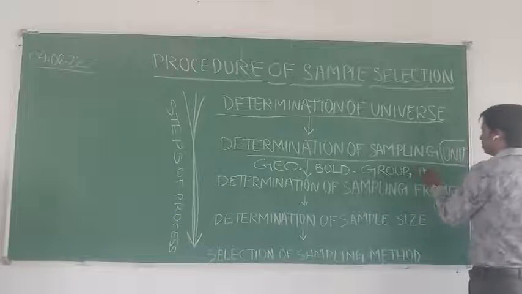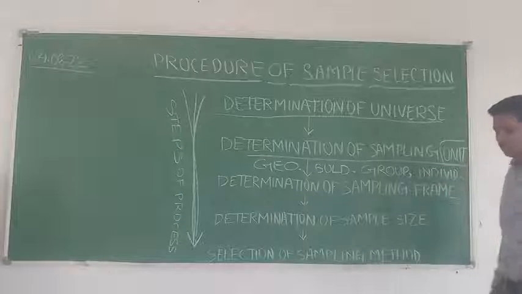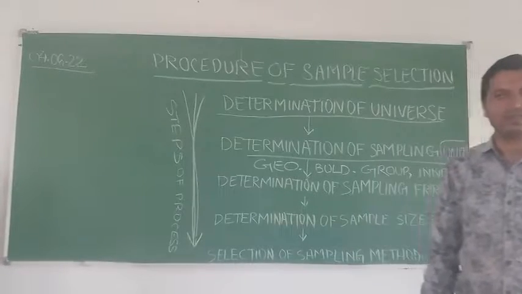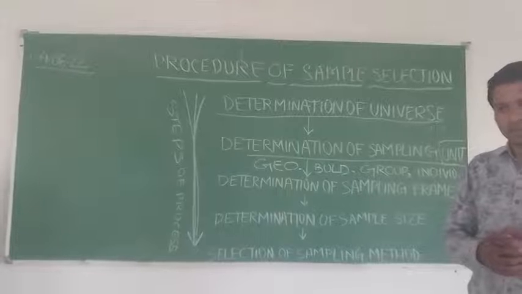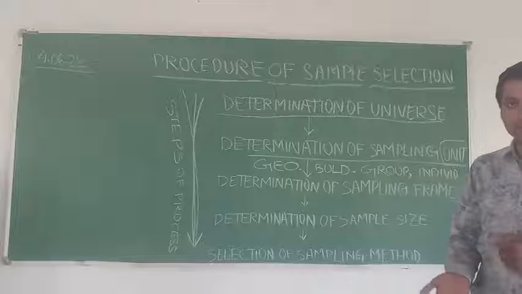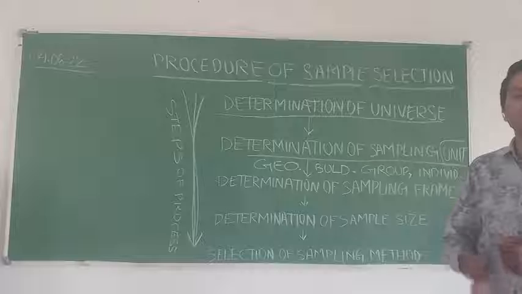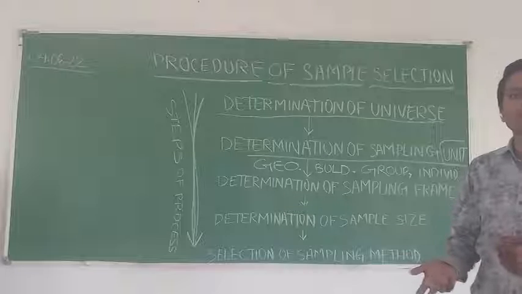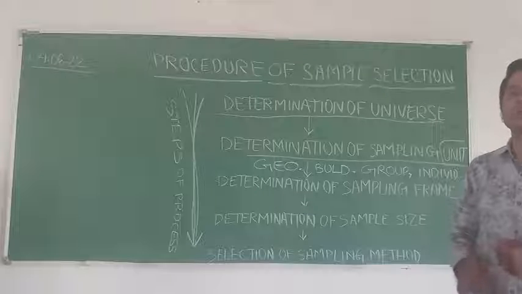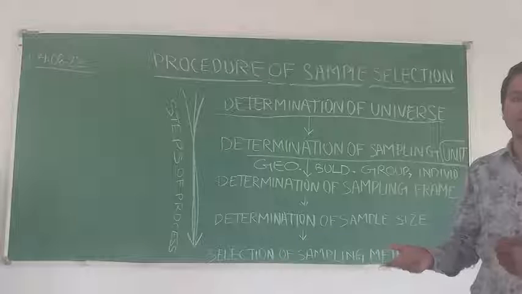And the individuals. Which kind of individuals are we taking as our samples? We can take a student, a farmer, many kinds of people: the old age people, the women, the minorities, the scheduled tribe people, the scheduled caste people, the other backward class people, or some kind of employee, or some kind of technicians.